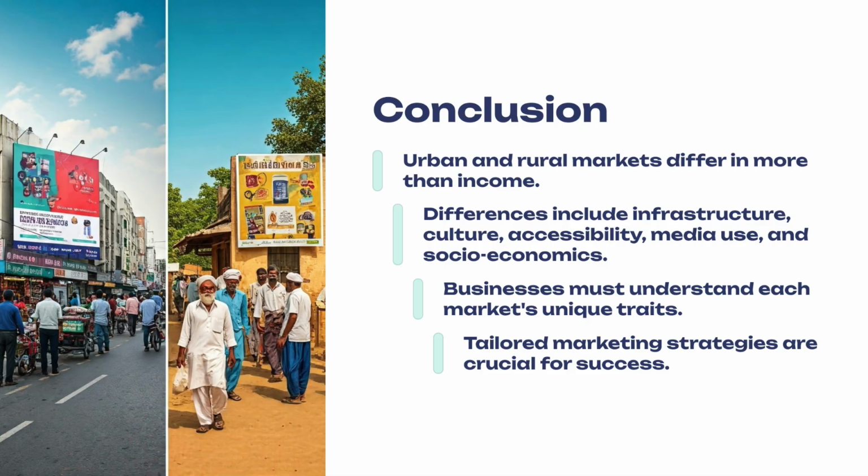Finally, we conclude today's video lecture with these words that while the aspirations and income levels in rural India are undoubtedly on the rise, the fundamental differences between urban and rural markets extend across a wide range of parameters. These include infrastructure, socio-cultural norms, accessibility, how people use media, the nature of competition, and various socio-economic factors.